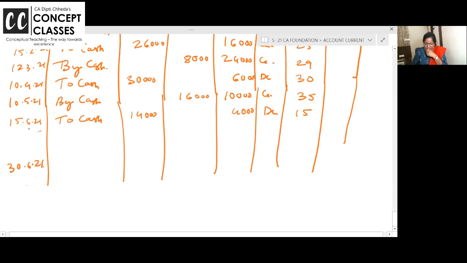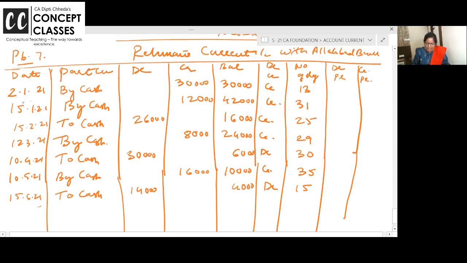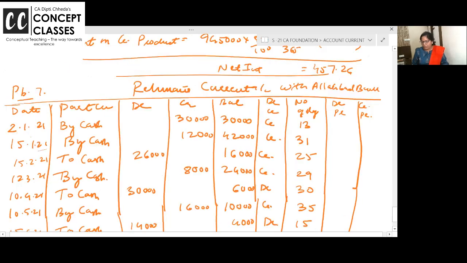Should we take the 15th too? Okay. 10th May to 15th, so 15th is taken. Then 16, 17, 18, 19, 20, 21, 22, 23, 24, 26, 27, 28, 29, 30. 15 days only it's coming. Till 15th of June we have taken here, no? 2nd to 15th is 3rd, 4th, 5th, up to 15th. We have taken up to the 15th.